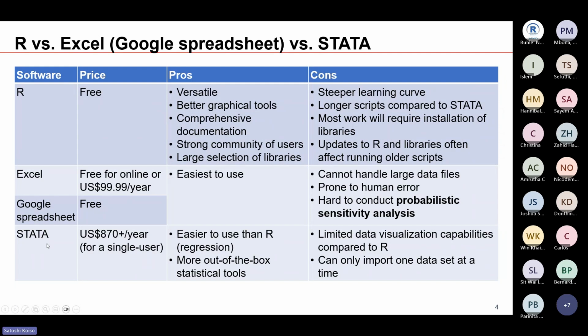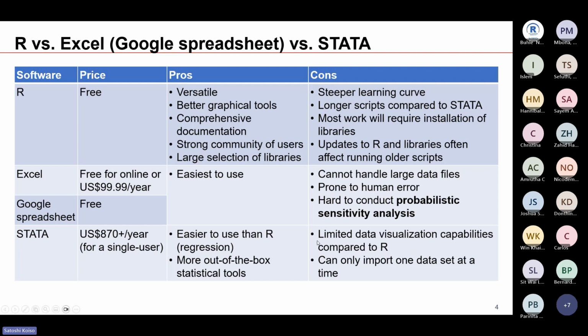And for Stata, the price tag changes a little bit, but for single users, it costs over $870 for 1 year. When it comes to regulation or other econometrics work, it's easier to use than R, and there are more out-of-the-box statistical tools.